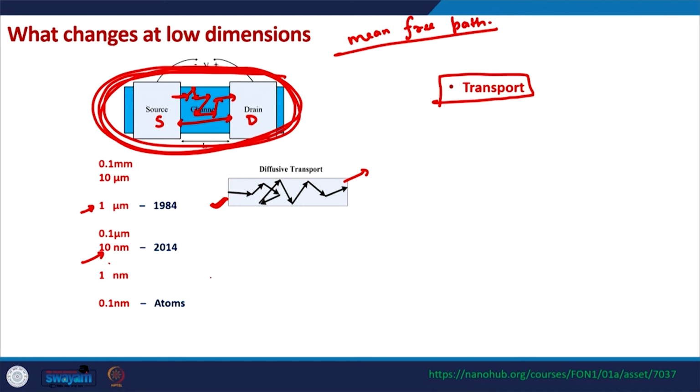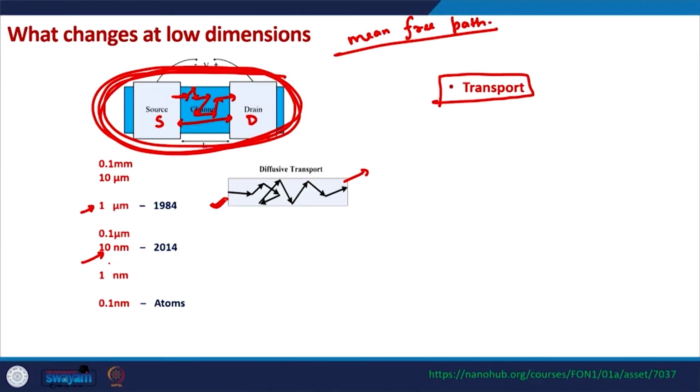Okay, so in bulk devices the channel length is extremely large as compared to the mean free path, and in that case there are a lot of collisions in the channel and the electron starts from the left side, goes to the right side, and because of these collisions we have resistance in the channel as well as power dissipation or heat dissipation in the channel.